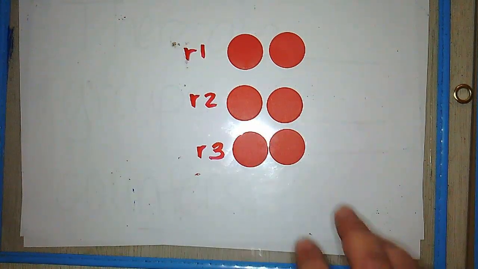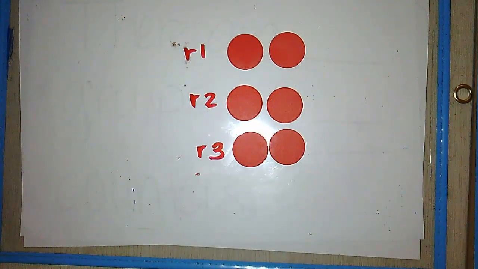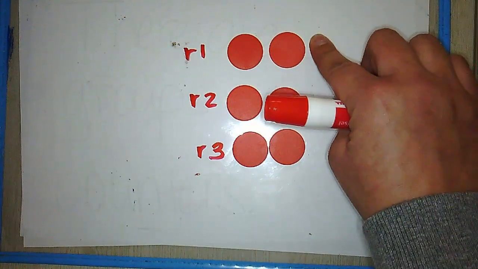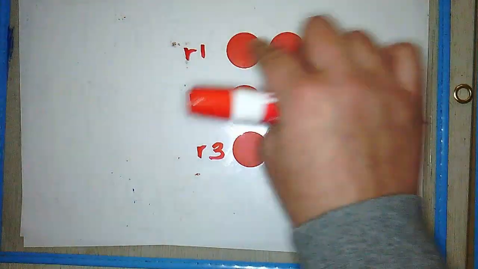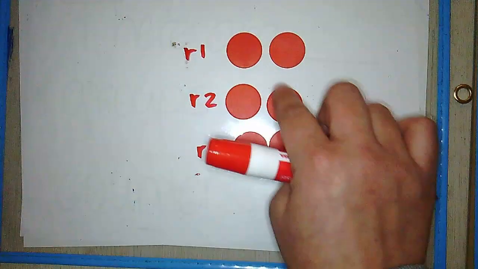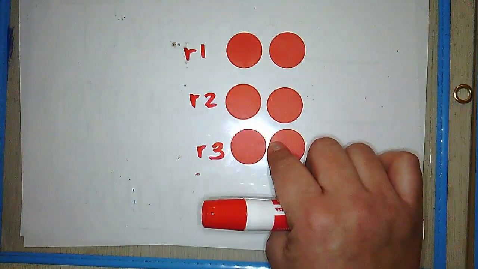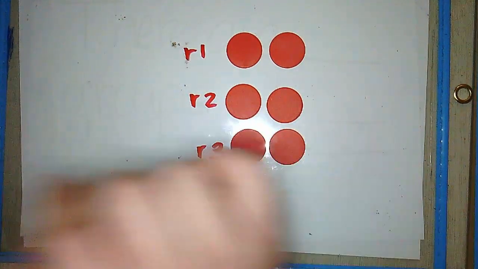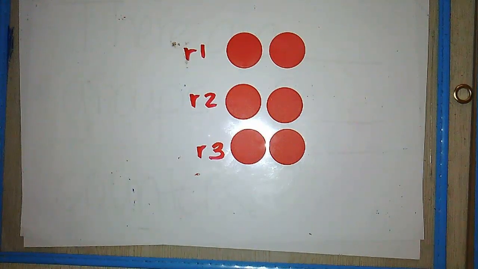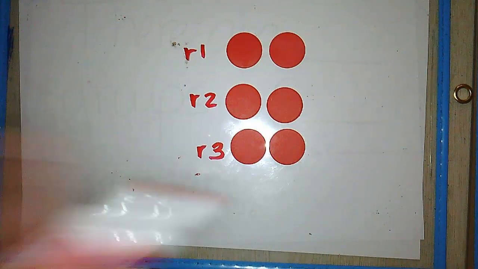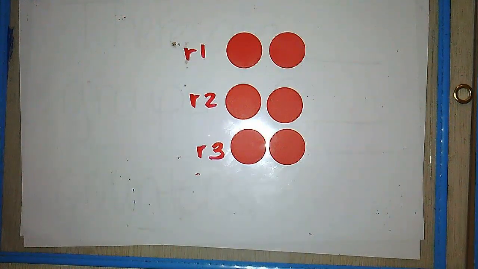Now let's keep count by rows. Ready and go. 1, 2. 1, 2. 1, 2. How many groups of 2 were there? Yes, boys and girls, 3 groups of 2.